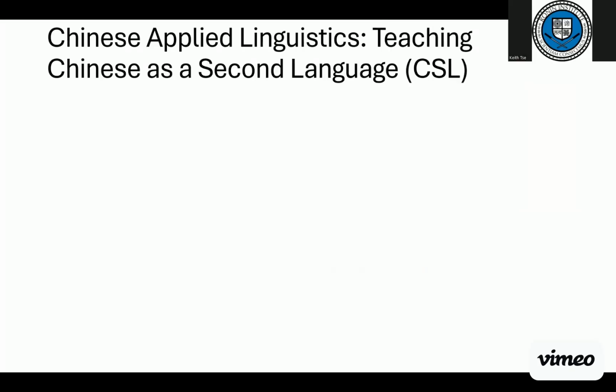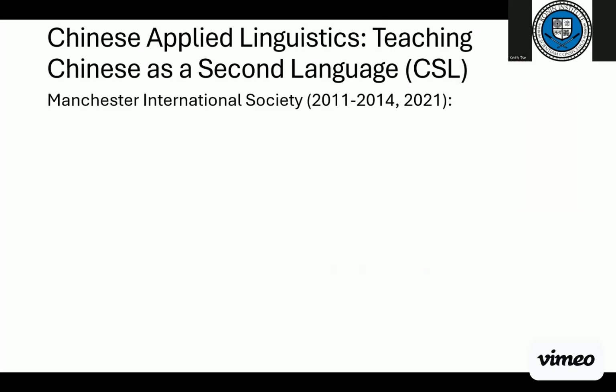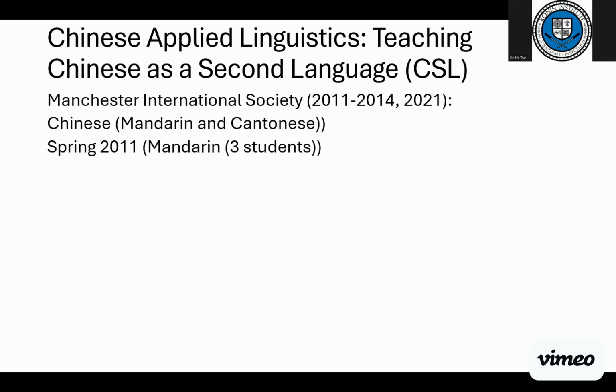Now, in terms of teaching Chinese. Yeah, so my career began at Manchester International Society, and the numbers are quite interesting. I've taught both Mandarin and Cantonese. I began in 2011, and in my first year, I only taught Mandarin. So in my first term, I had three students of Mandarin.